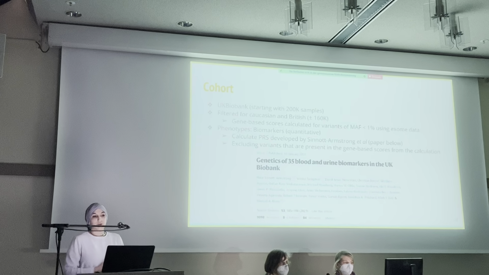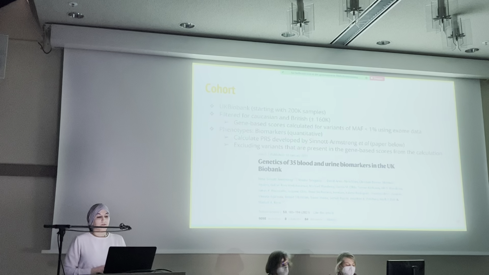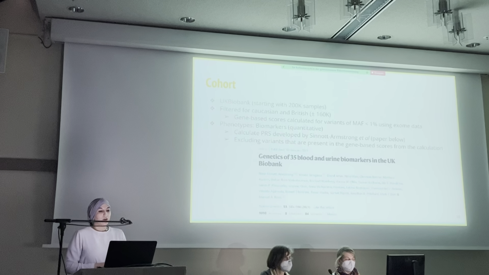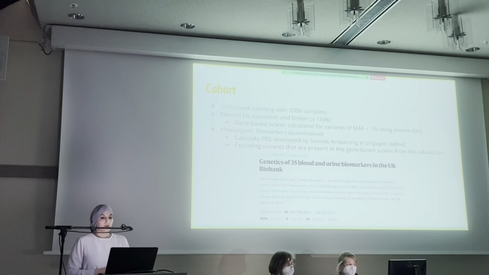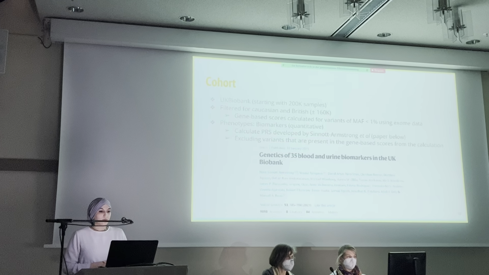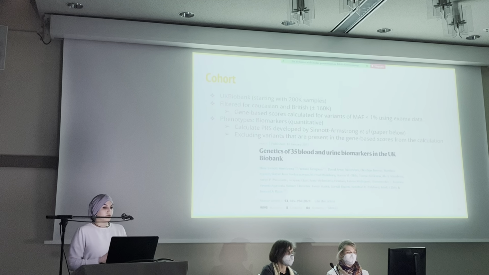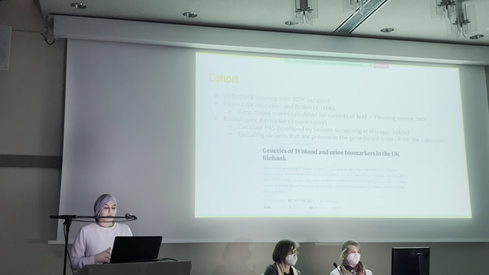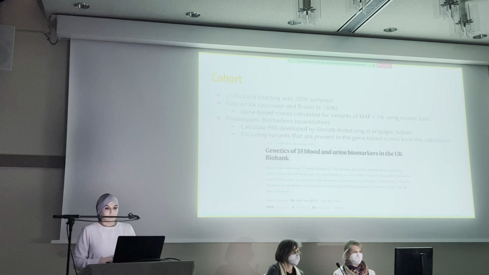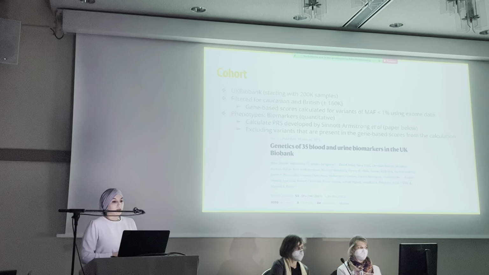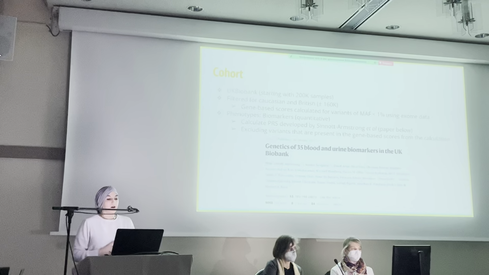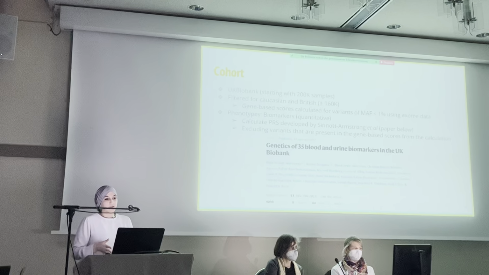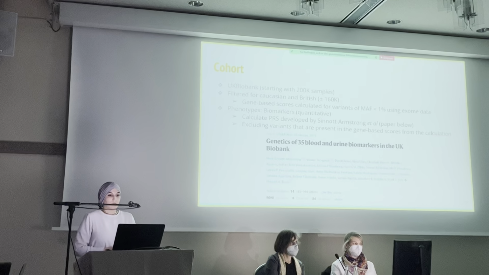For our cohort, we used UK Biobank data. We started with 200,000 samples. We filtered for Caucasian and British to end up with 160,000 samples. We calculated the gene-based scores for these samples with variants of minor allele frequency of less than 1% using the exome data. And then we analyzed, as phenotypes, the biomarkers from UK Biobank.